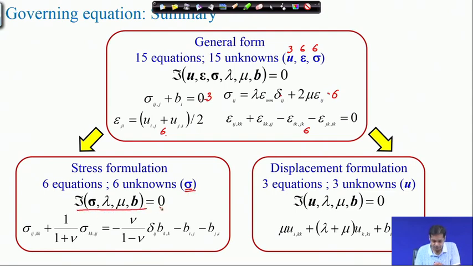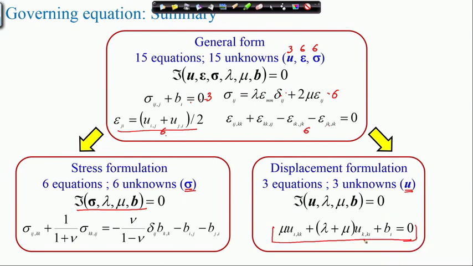This is the final form of the equation written in indicial notation. And then we have another formulation, the displacement formulation, where again the constitutive relation, the equilibrium equation, and not the compatibility but rather the strain displacement relation are used, and we have 3 unknowns and 3 equations. These 3 unknowns are the components of u, and this is the final form of the equation written in indicial notation. Okay.